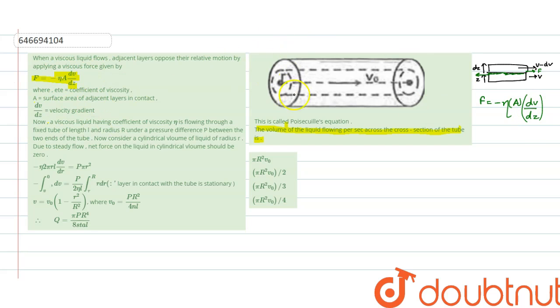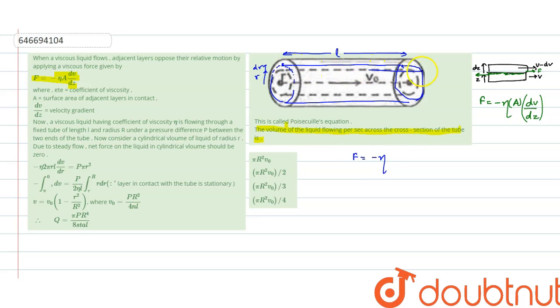Now, this same concept can be applied for the given cylinder. Let us consider that at a distance of r, we take a cylinder of thickness dr. Let us consider this length as L. Therefore, the expression of frictional force on this cylinder can be written as F is equal to minus of eta multiplied by area on which friction force is present.